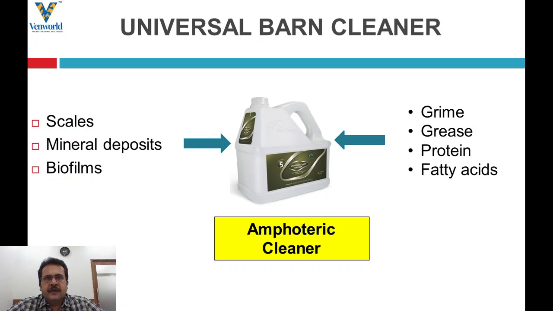First, the universal barn cleaner, which is an amphoteric detergent, which can clean organic and inorganic dirt equally. Scales, mineral deposit, biofilm, grime, grease, protein, and fatty acids it can clean.